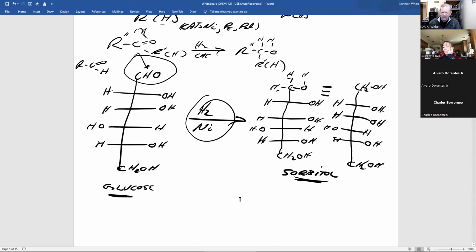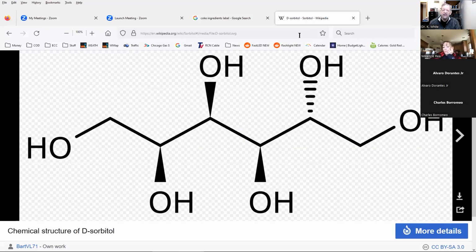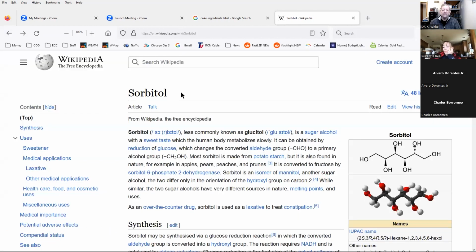Well, what's so important about that? Well, sorbitol, and here's a way of showing sorbitol with the chiral carbons, and that's what the dash and wedge mean. It's the same as what I drew. And sorbitol is a sugar.